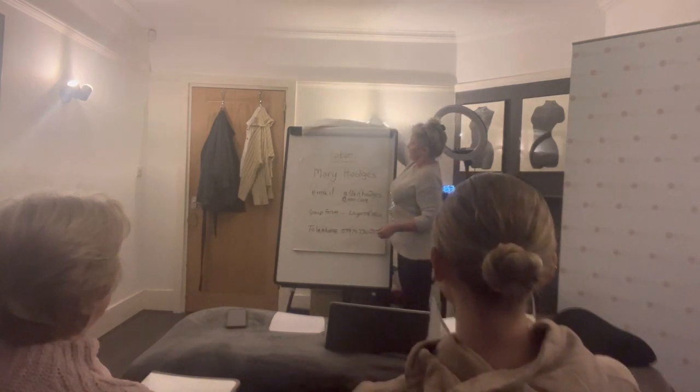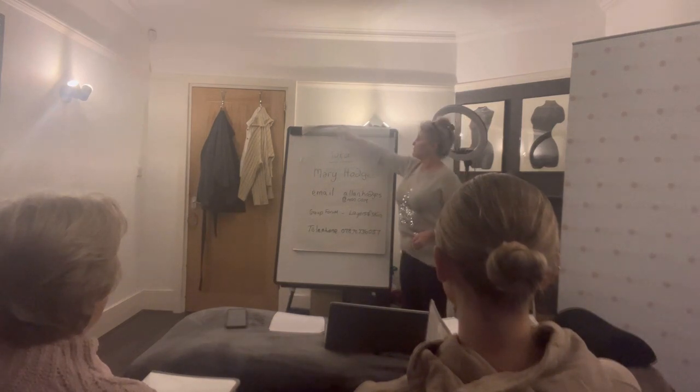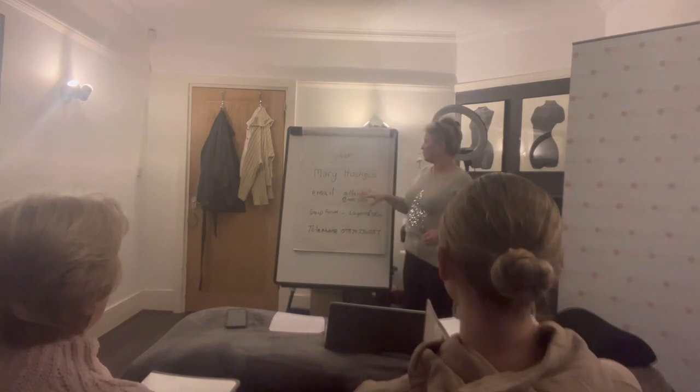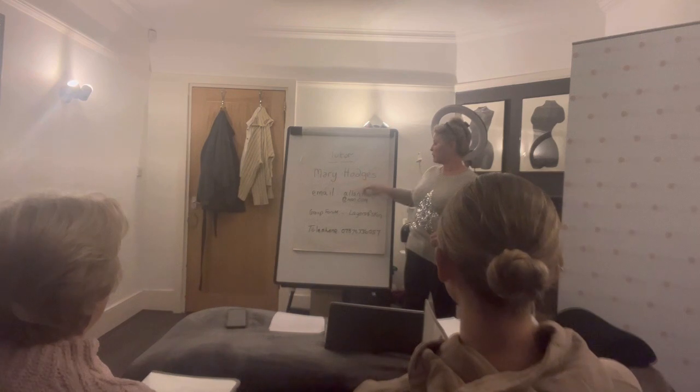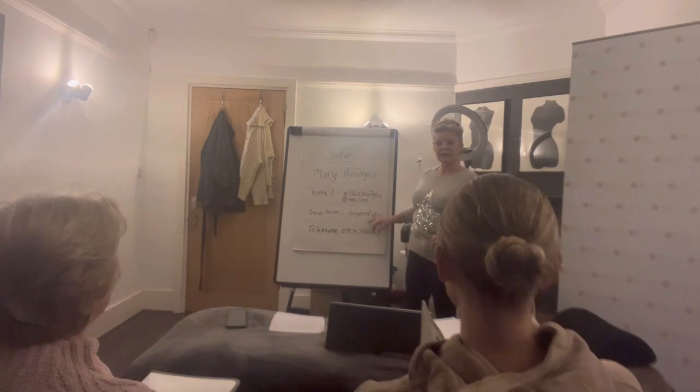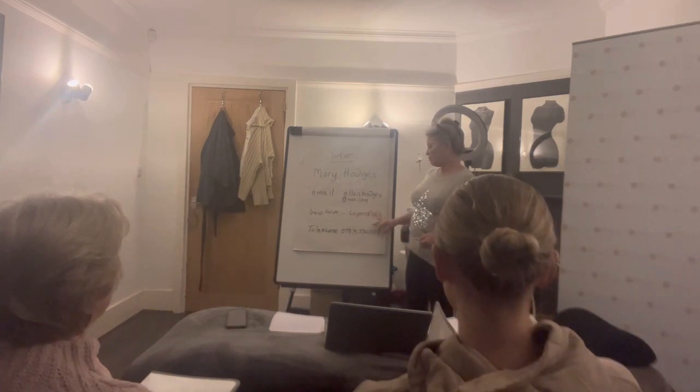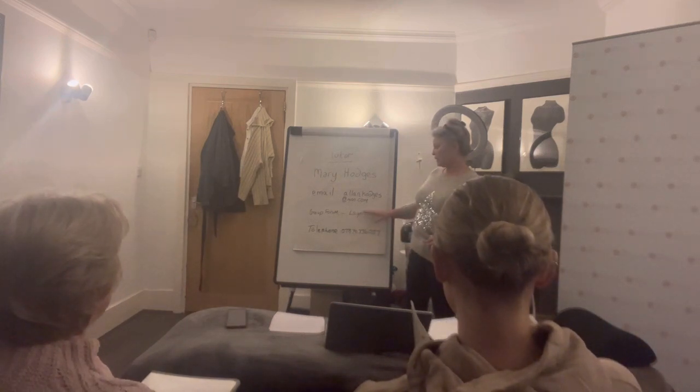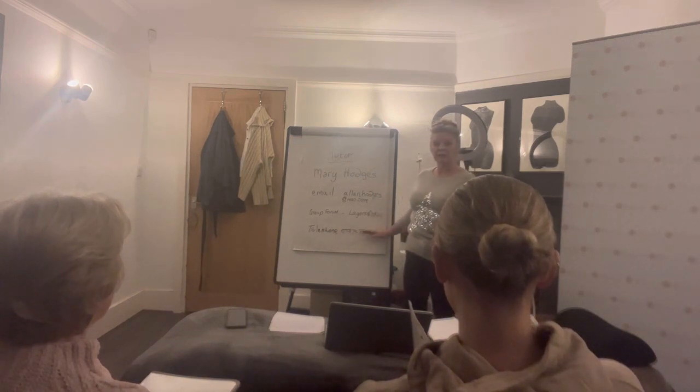So here we go. These are some details about me and how you can contact me. Mary Hodges, my email address if anybody wants to contact me, is alanhodges@msn.com. The group forum is called Layers of the Skin. Anybody have any problems with accessing any of these platforms, then let me know, and this is my telephone number.